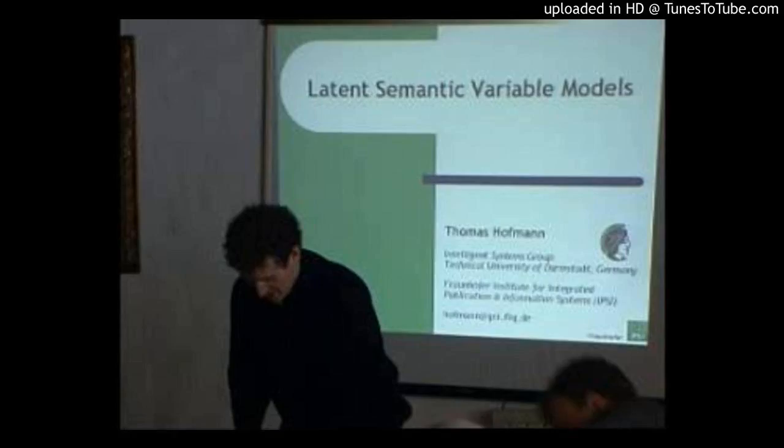The only thing I want to say here is that, to improve the generalization performance of EM and to avoid overfitting, we've used what we call a tempered version of EM.